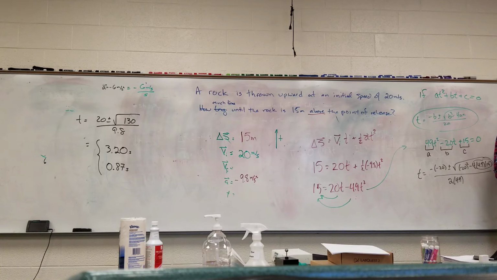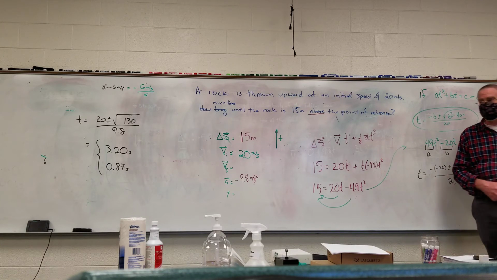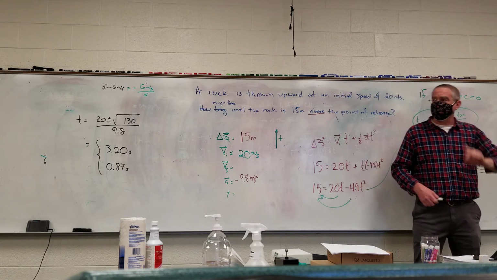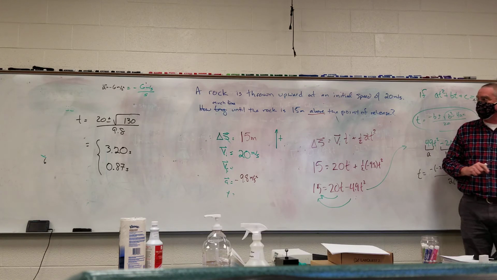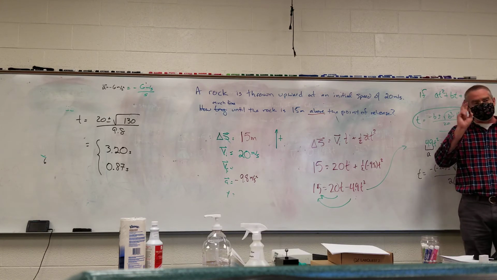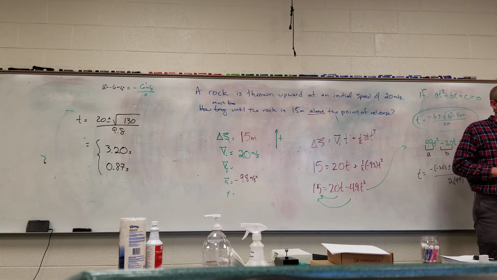Yeah. So the 3 seconds is on the way down. Because you throw it upwards, it's going to hit the first time on the way up, the second time on the way down. So we do have two answers. The answer to this question actually is 3.2 seconds and 0.87 seconds, because there are two times when this happens.